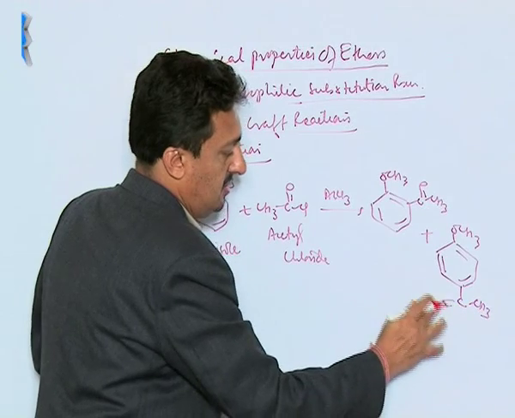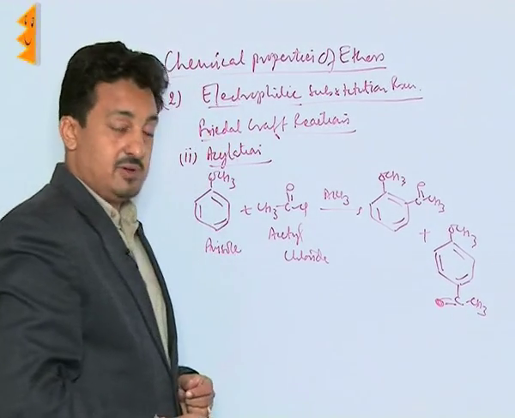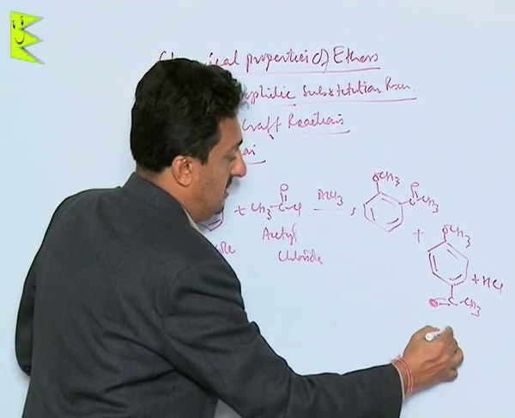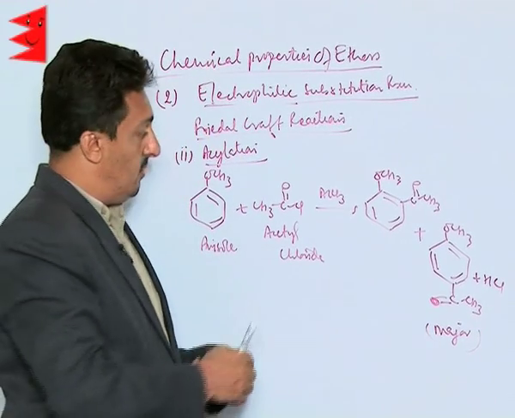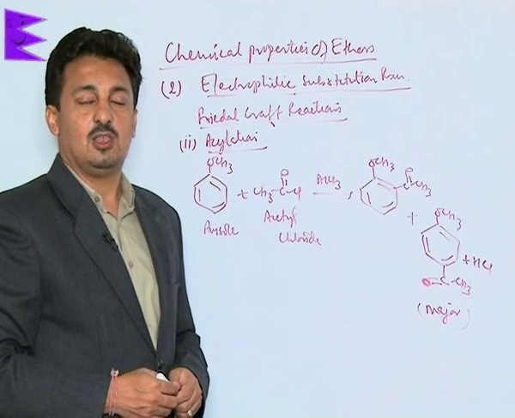We can call this para methoxyacetophenone, and this will be the major product. So this is how we can do the Friedel-Crafts alkylation and acylation of the aromatic ethers.